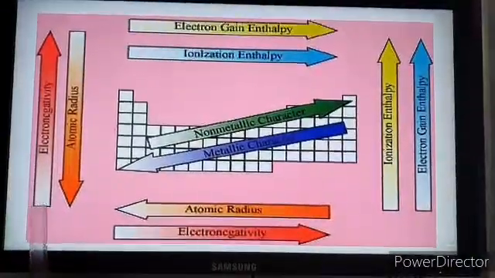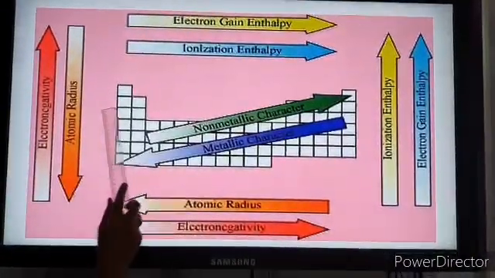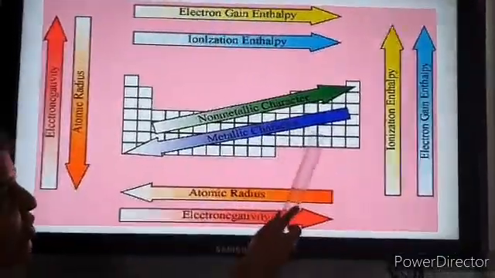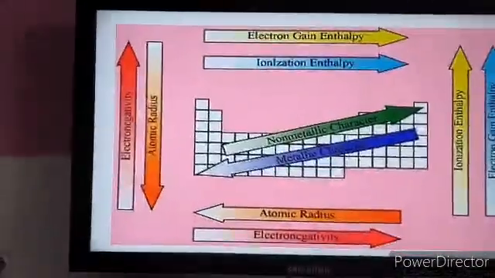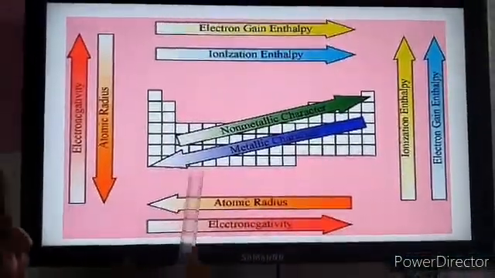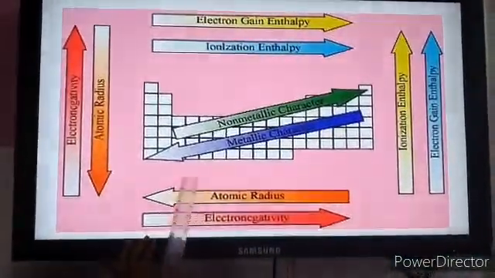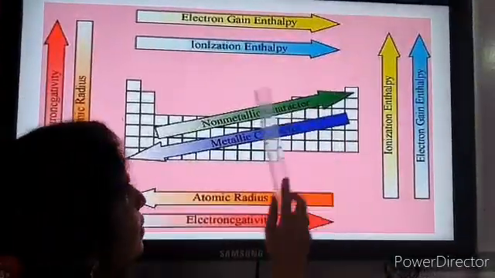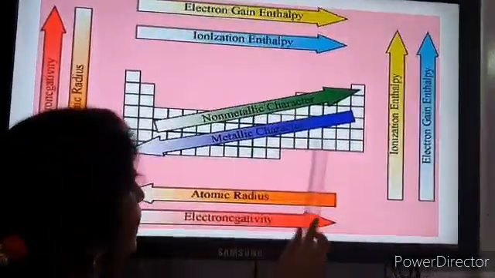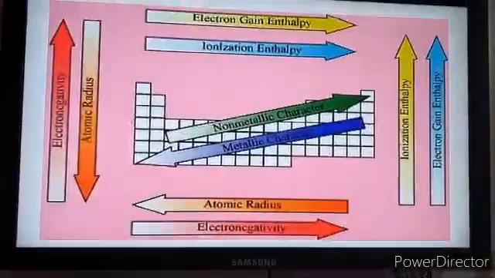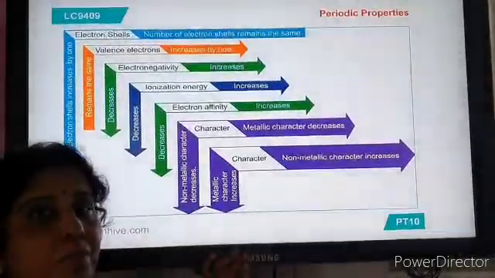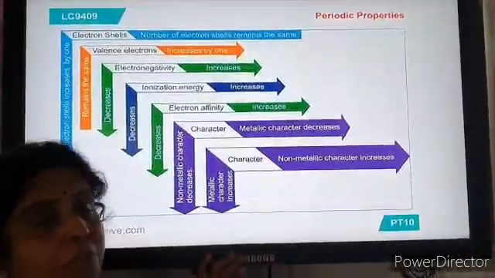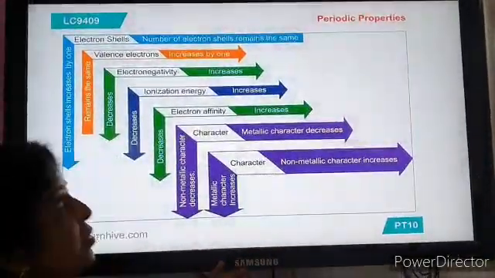And what is happening to the atomic size? Atomic size decreases when you move from left to the right and increases when you move from top to the bottom in a group. Now what about metallic nature? Non-metallic character increases and metallic character decreases in the period. This picture gives you complete information about the regular gradation of the properties in a period and the group.